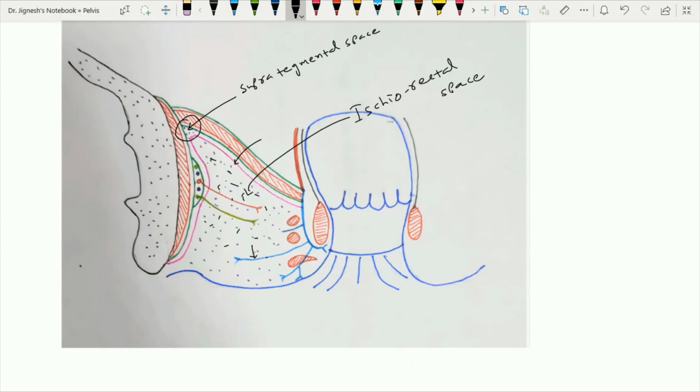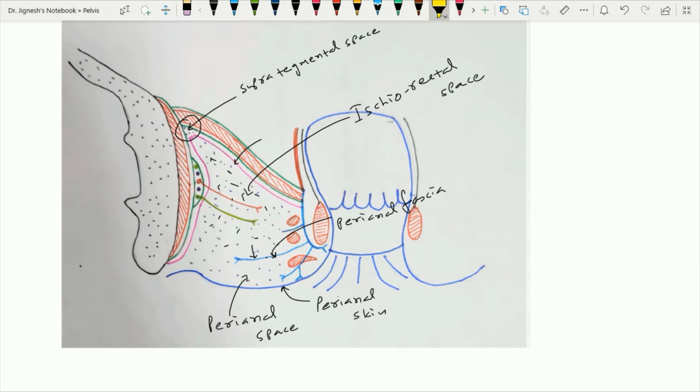The third subdivision of the ischiorectal fossa is called the perianal space. This perianal space is bounded above by the perianal fascia, which is formed by the conjoint fibroelastic sheath, and this sheath is formed by the fusion of the longitudinal muscle sheath of the rectum with the levator ani, and below this space it is bounded by the perianal skin.